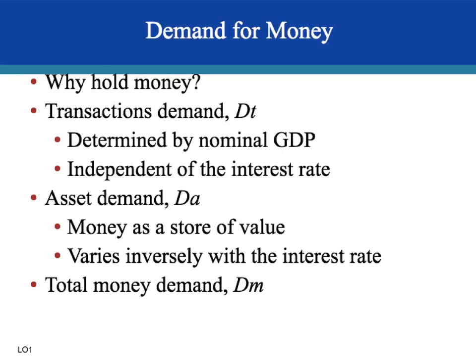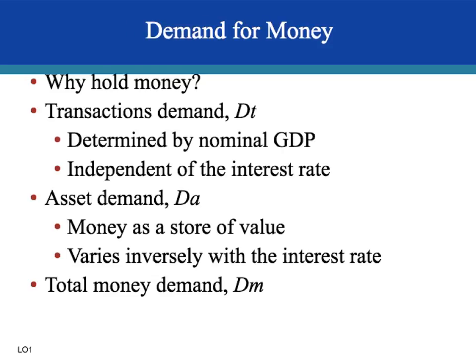Okay, so for example, if the interest rate for savings is 8%, then households would put their money more in savings accounts rather than holding it in checkable deposits, because the opportunity cost of holding your money in a checking account versus a savings account is high. You're foregoing an 8% return on your money.